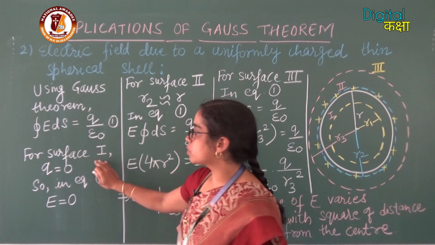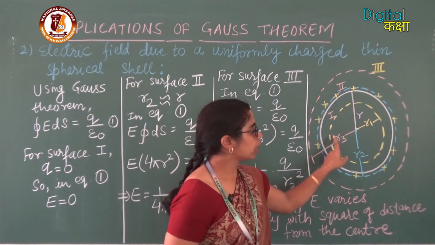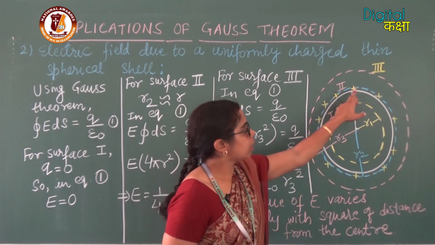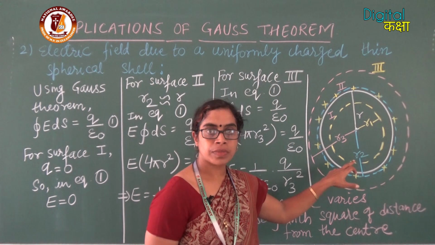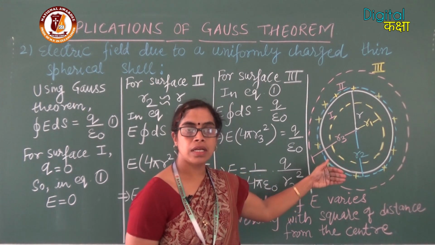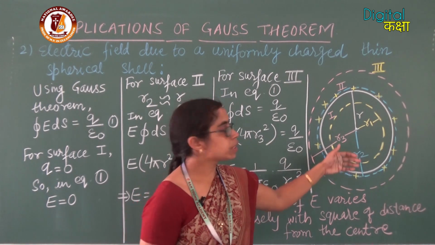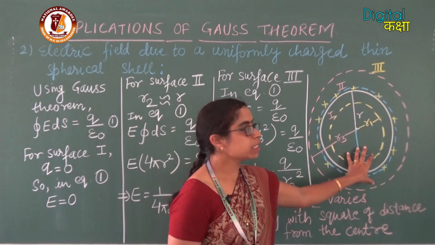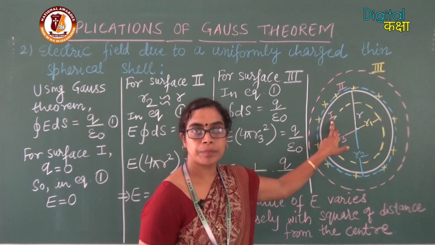So for surface 1, which is drawn with yellow color, as you can notice here, the charges are totally present outside this surface. In other words, there are no charges enclosed within this Gaussian surface which is marked as 1.